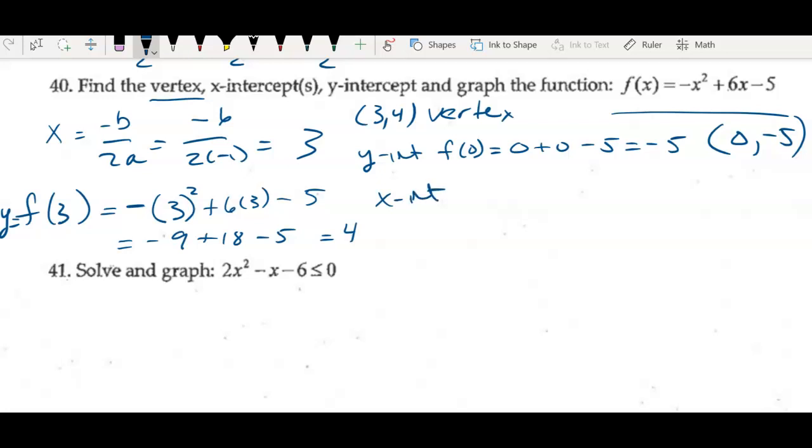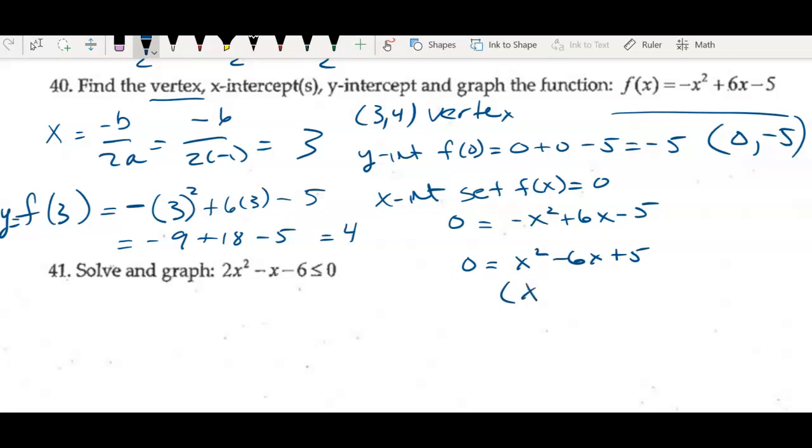That's when you set f(x) equal to 0. To do this, let's move everything over and divide out a -1. Just divide out a -1, because it makes it easier to factor.